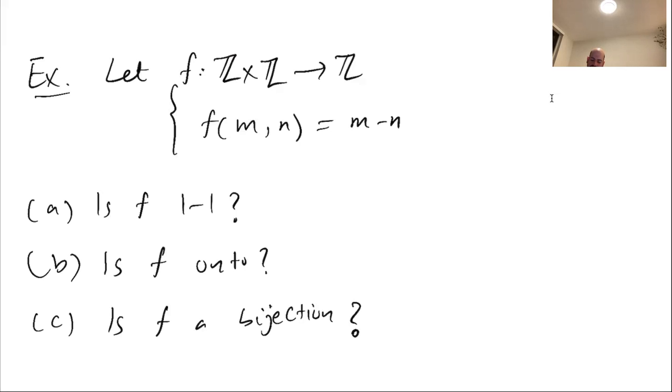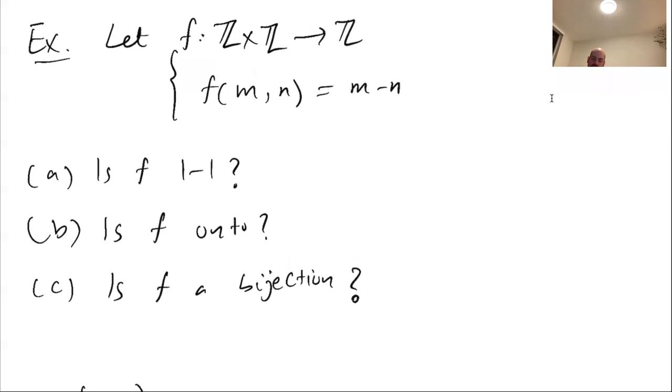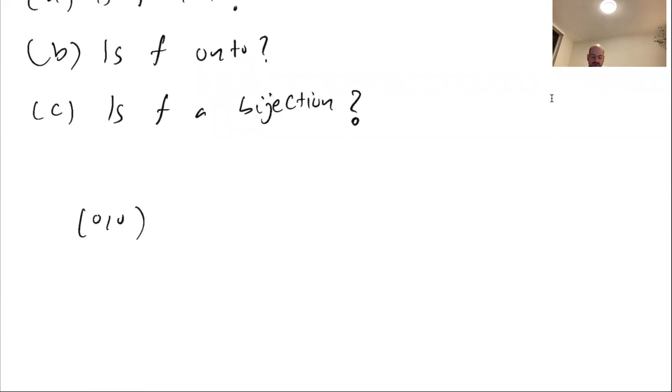So for example, 0 and 0 is one of the elements in the domain, and how much is the output corresponding to 0 and 0? According to the definition, f of m and n is simply m minus n. So f of 0 and 0 is 0 minus 0, which is 0.